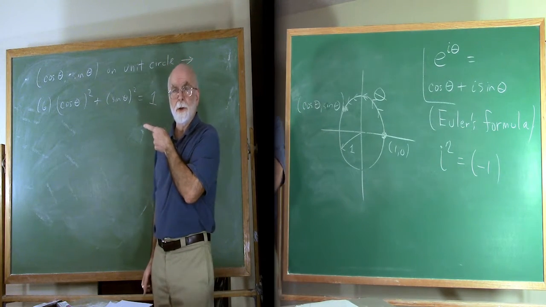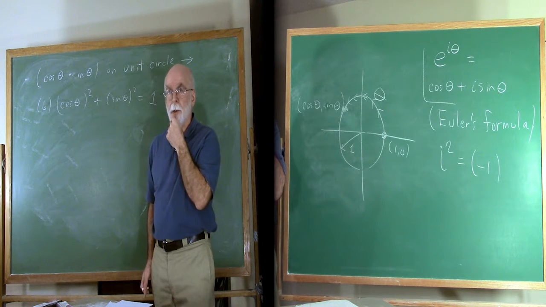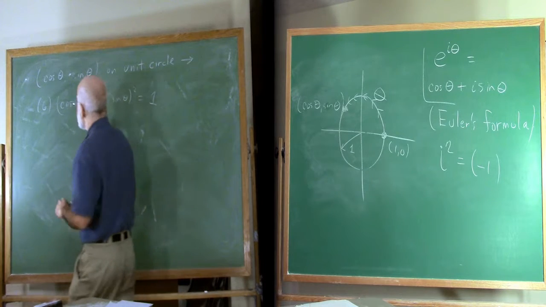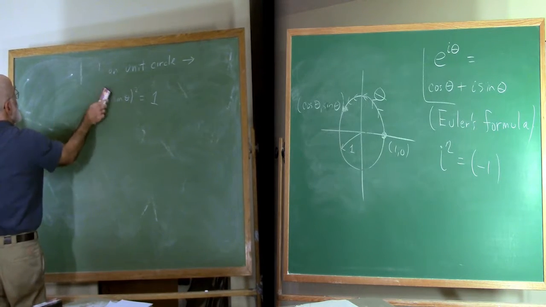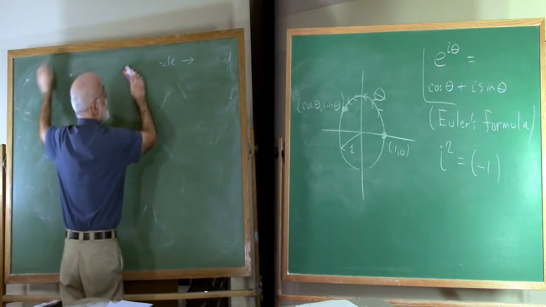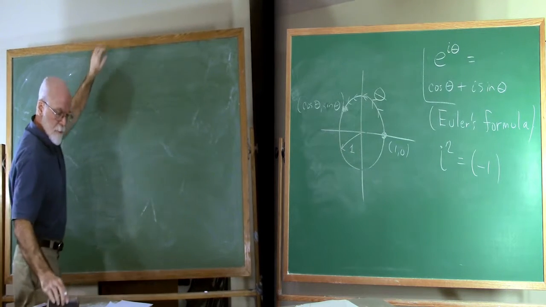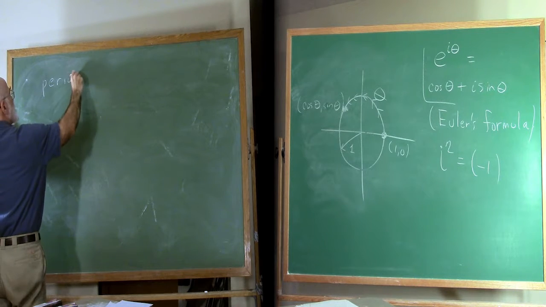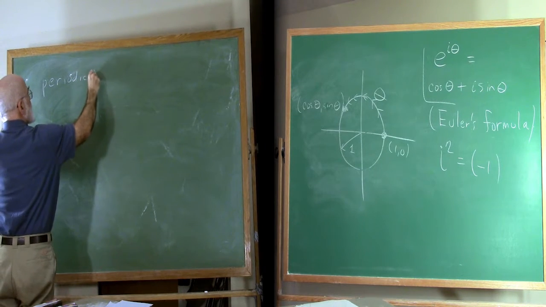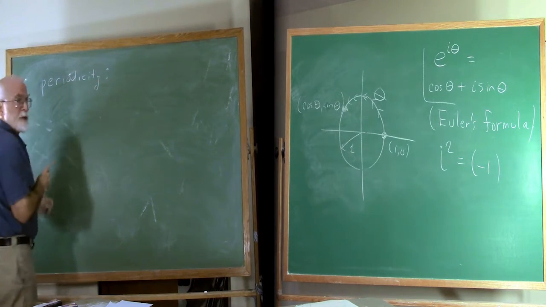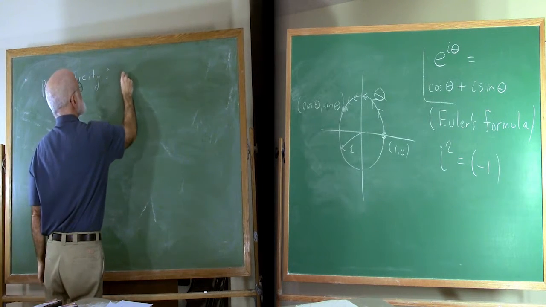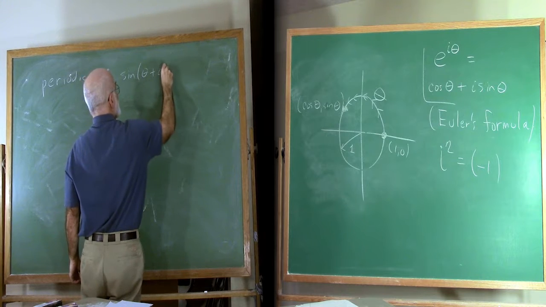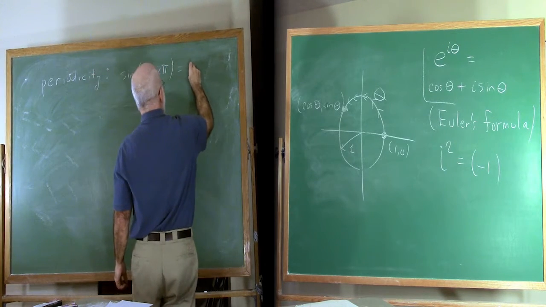I want to go back to the property that we called periodic, or periodicity. I'll just state it for sine. When you add 2 pi, you get the same sine.